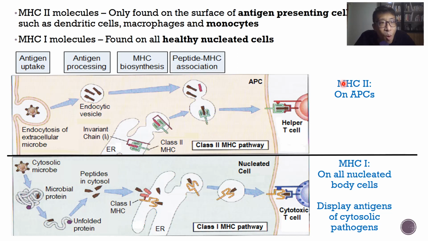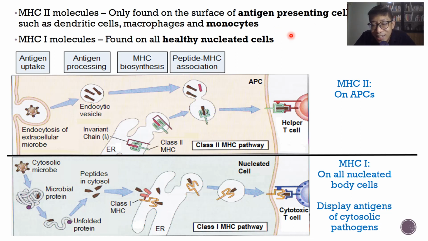Now a bit more on the MHC molecules. There are actually two types. The class 2 molecules that you have looked at just now are only expressed in antigen presenting cells such as dendritic cells, macrophages, and monocytes.